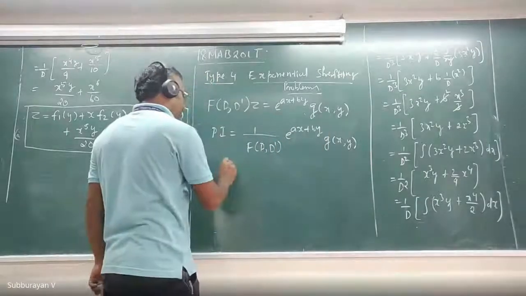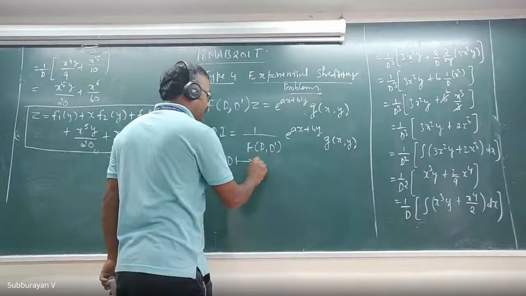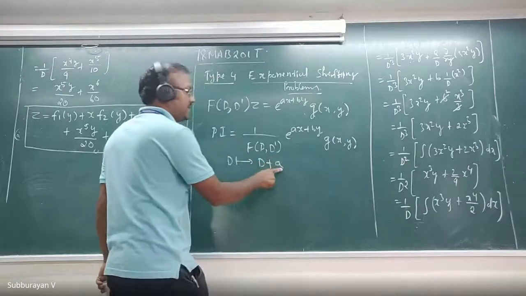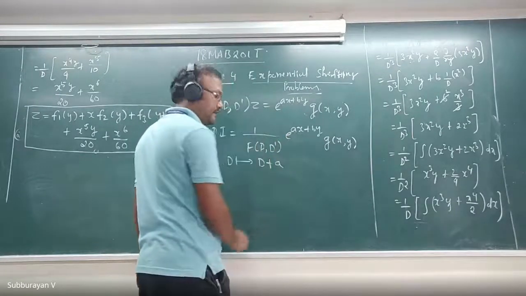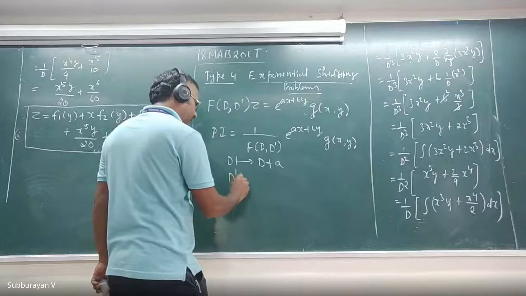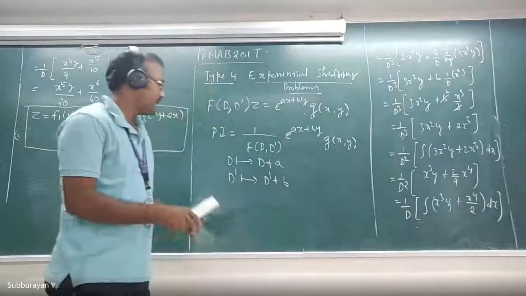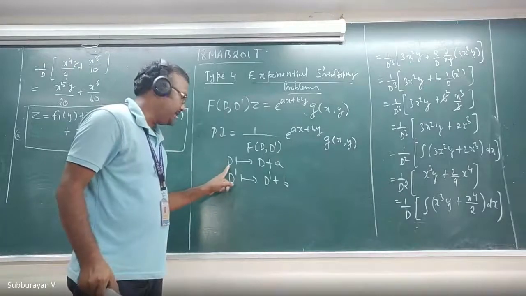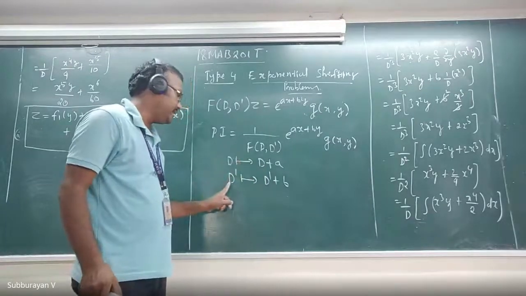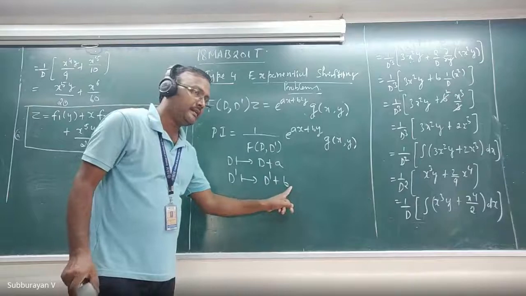So therefore, D has to be replaced by D plus a. What is a? a is the coefficient of x here. And D prime has to be replaced by D prime plus b. D should be replaced by D plus a, and D prime should be replaced by D prime plus b.